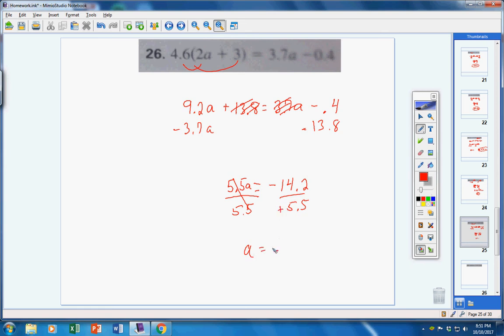And then 14.2 divided by 5.5 would give us negative 2.58, 1 repeating. Okay, this 8 here tells me to raise this 5 to a 6, so negative 2.6 is the answer.